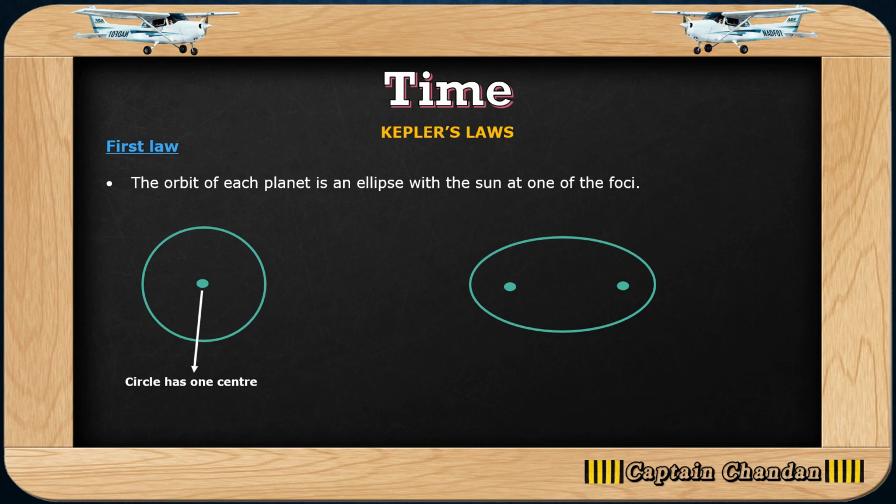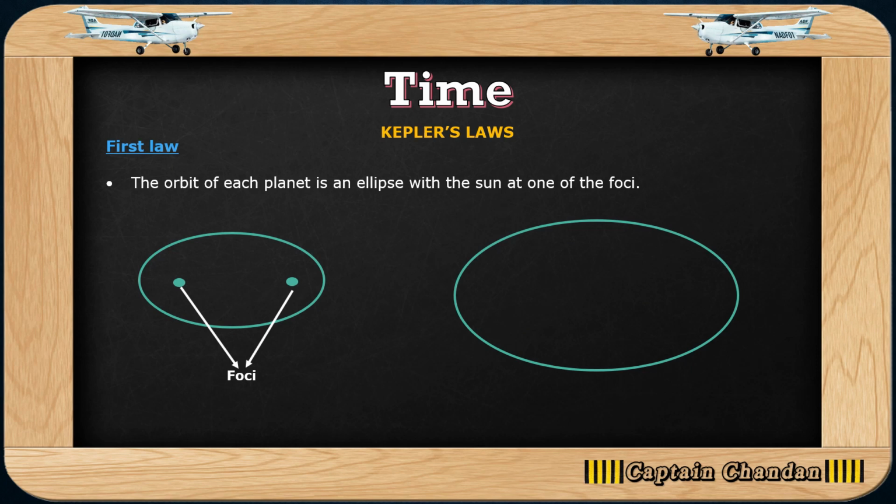If we are talking about one point, we call it a focus. That is a singular word. But if we talk about both points, then we call them foci, that is a plural word. So let's put the sun in one of its foci and the earth rotates around the sun. So that is the first law. The orbit of each planet is an ellipse with the sun at one of its foci.